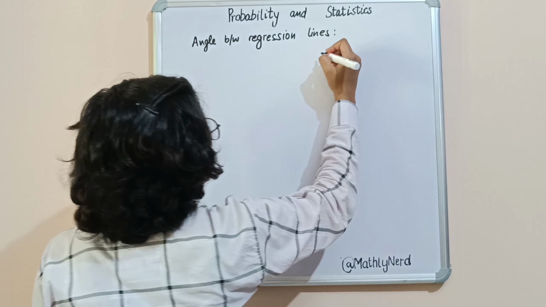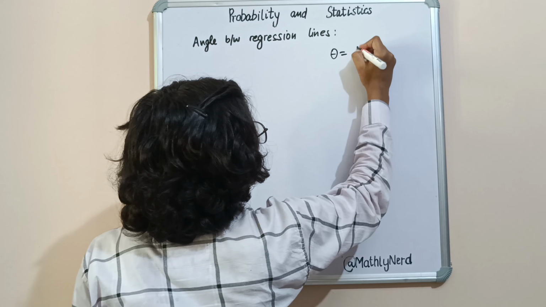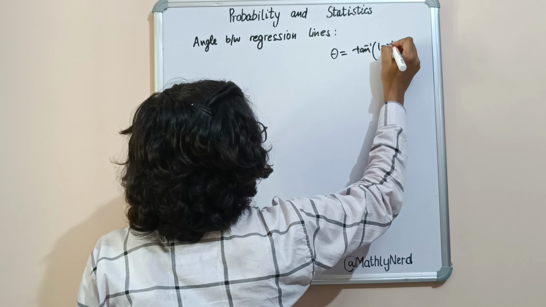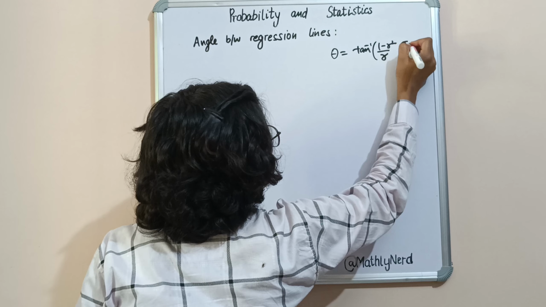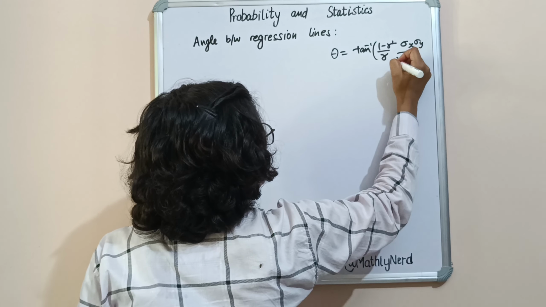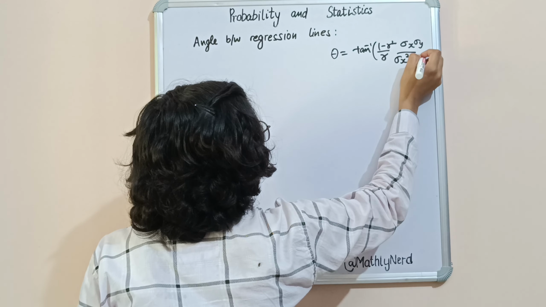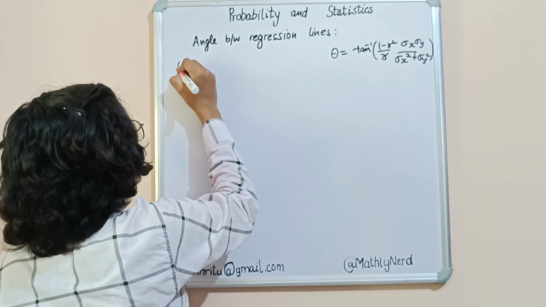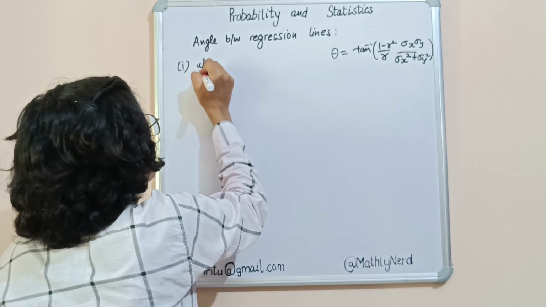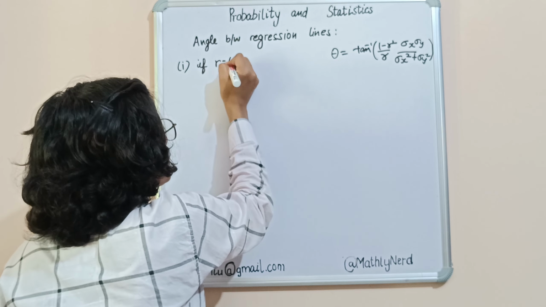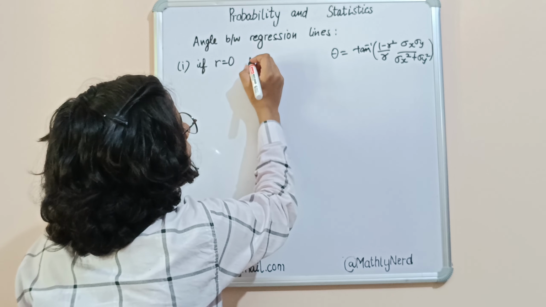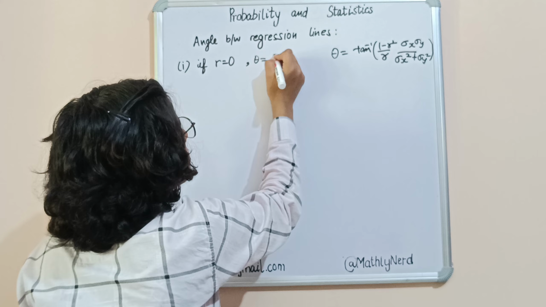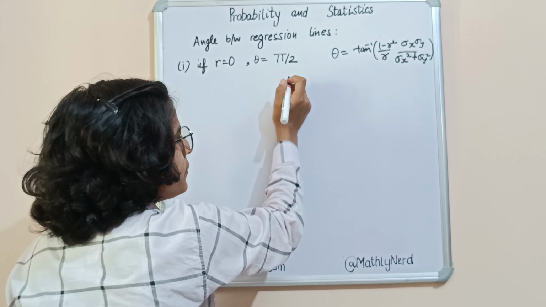Now, from our formula, theta is equal to tan inverse of 1 minus r square by r times sigma x sigma y by sigma x square plus sigma y square. We can get two observations. First, if r equals 0, then theta will be equal to pi by 2.